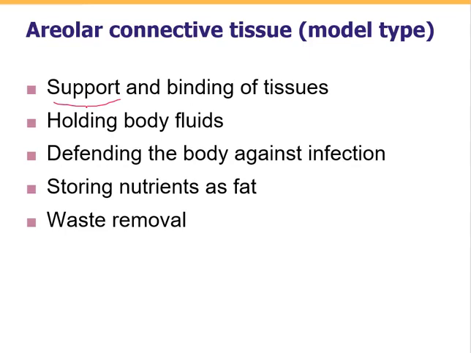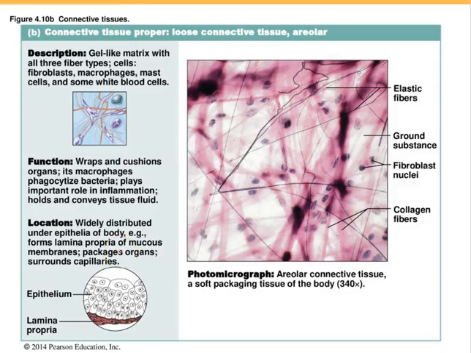Holding body fluids, defending the body against infection, as we can find many immune cells in this type of connective tissue, storing nutrients as fat, as in areolar connective tissue we can have many adipocytes, and they're also able to remove waste, as we have many blood capillaries in the areolar connective tissue.